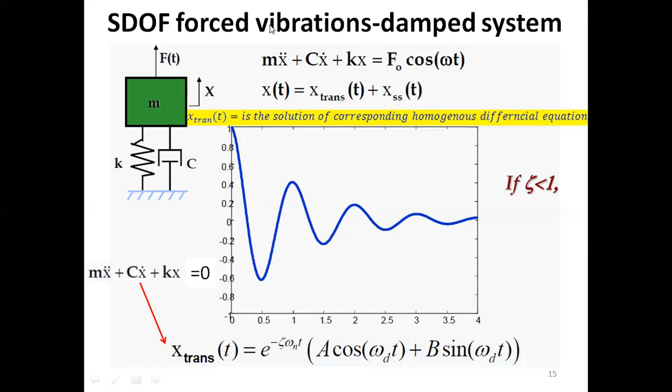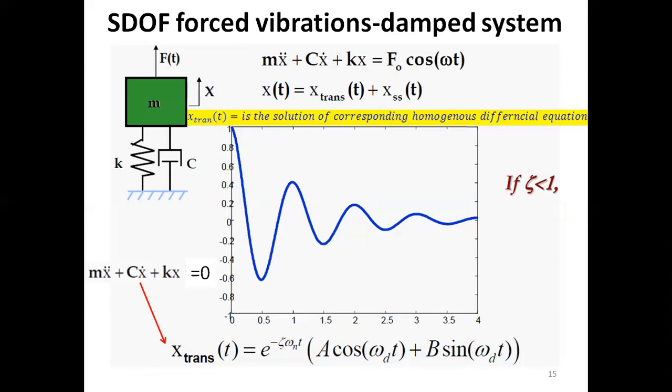The transient solution is actually the solution of the corresponding homogeneous differential equation. This is a non-homogeneous differential equation. The corresponding homogeneous equation is written here, mx double dot plus cx dot plus kx is equal to 0. This is the equation of motion for natural vibration or free vibration.